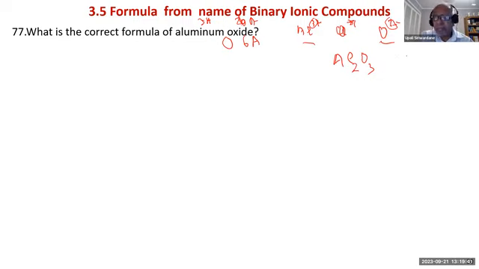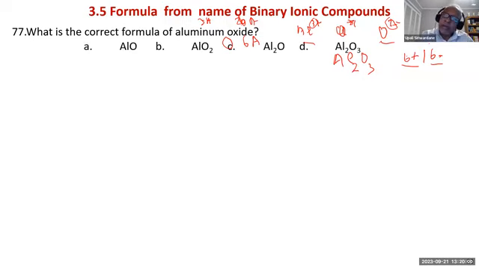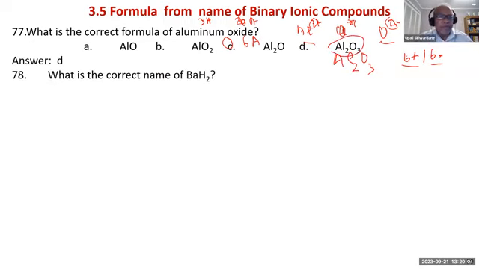That means 6 plus, 6 negative. 3 oxides make 6 negative. 2 aluminums make 6 plus. Therefore, the answer should be Al2O3. That's the correct answer. Answer is D.